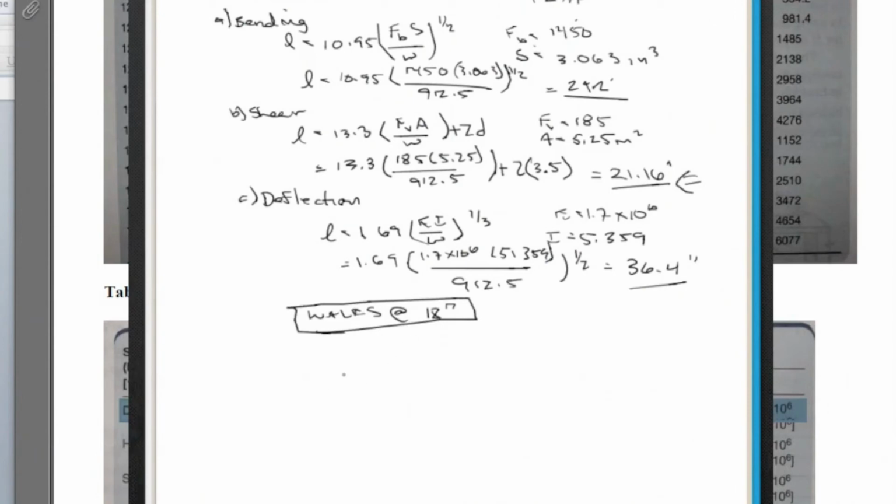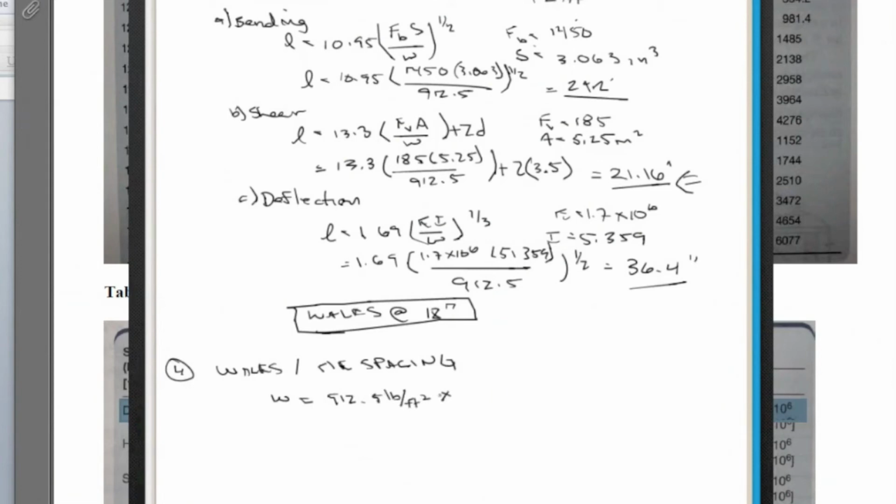Okay. All right, so next step here, we're going to kind of do the same thing. We're going to check the whale design and find the tie spacing. Okay, so in this case, always starting with our load per unit length. In this case, we have our overall loading, or our pressure, 912.5 pounds per square foot.